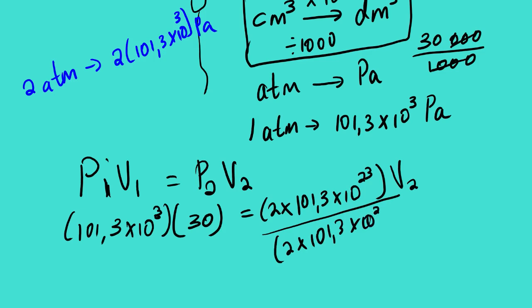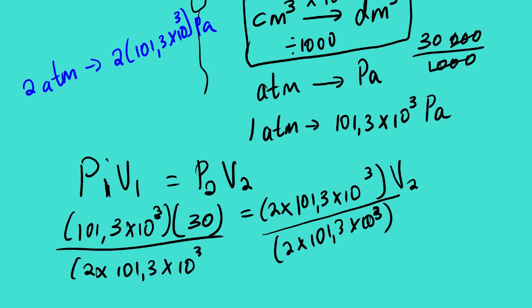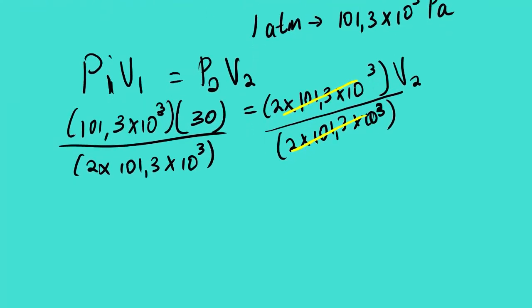It's actually times 10 to the power 3, not times 10 to the power 23. Now from here we can divide both sides by 2 times 101.3 times 10 to the power 3. Then this will get rid of this. And then our V2 is equal to, when we perform the mathematical operation, this will get rid of this, and you're left with 30 divided by 2, which is equal to 15 dm cube.